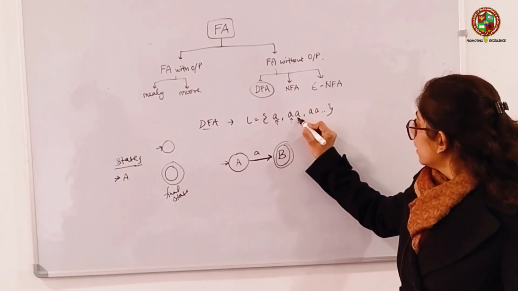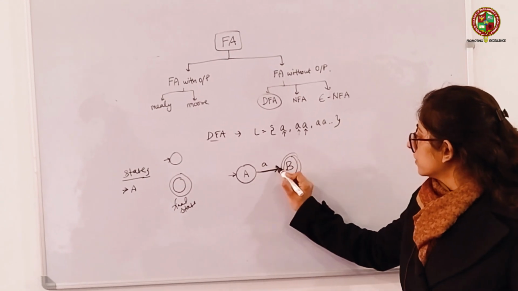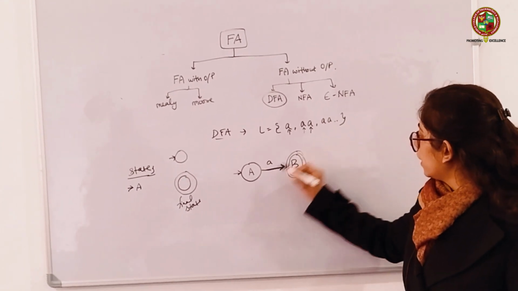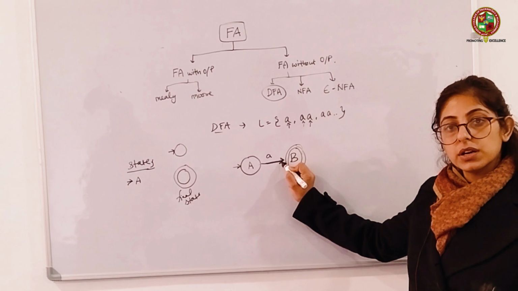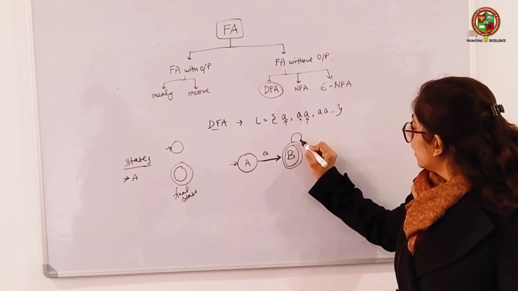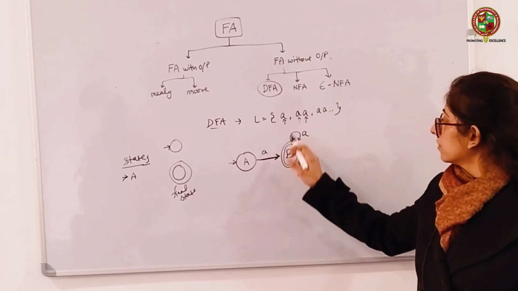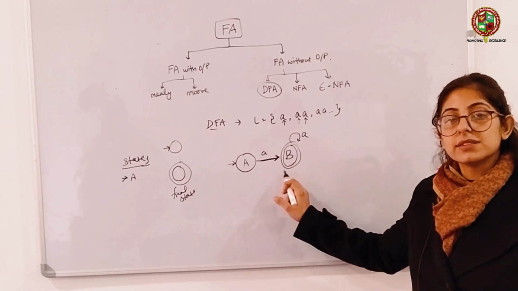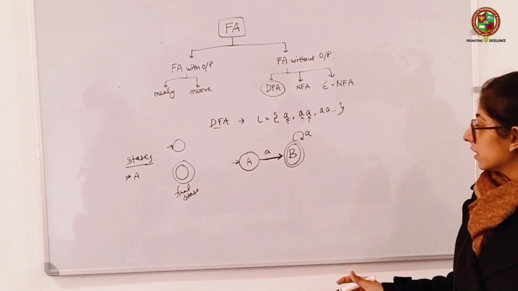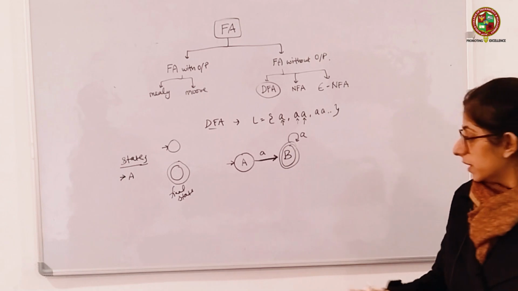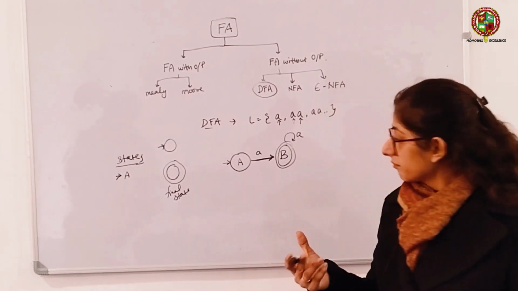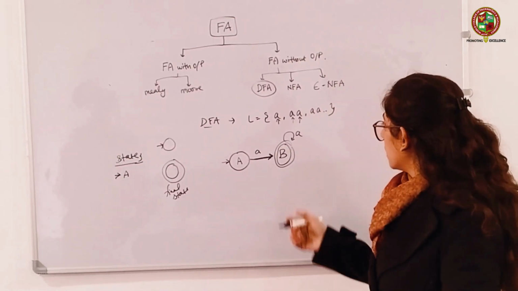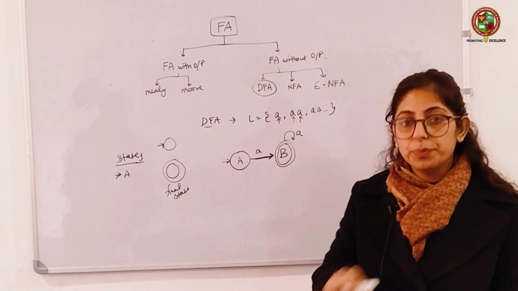Then next is A, meaning any occurrences of A. On seeing A, I am going to another state B, then if I take any number of A's, I will be accepting that. But what if something else happens, like a normal person comes and starts giving the input B?